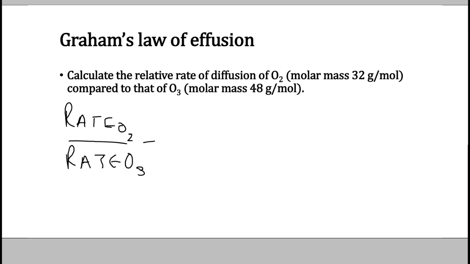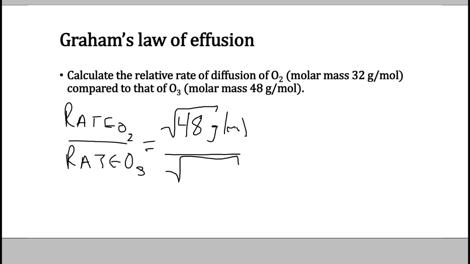And that would be equal to the square root of the mass of ozone over the molecular weight of oxygen. So plug and chug, and you should end up getting something along the lines of 1.2.